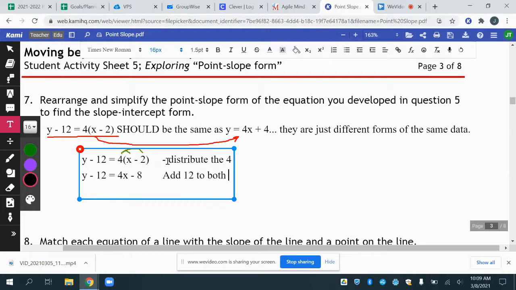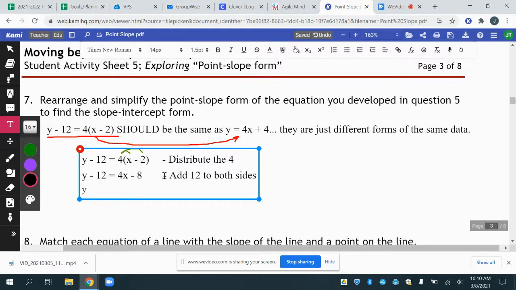If I add 12 to both sides, what does that look like? On the y side, y minus 12 plus 12 just disappears.